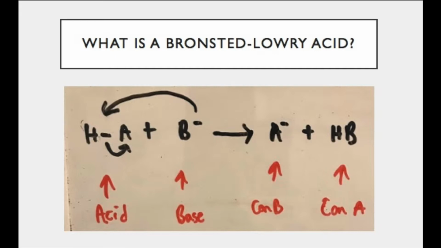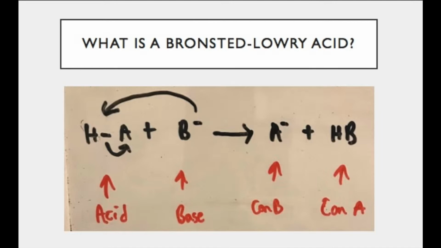Because remember, in that bond between the H and the A, there are two electrons, one electron from the hydrogen, one electron from the acid. So when the base forms a bond with the proton, the bond between the H and the A has to break, in which case those electrons go onto the acid, making it A minus. And now when we have the reaction occurring afterwards, we produce a conjugate base and a conjugate acid.